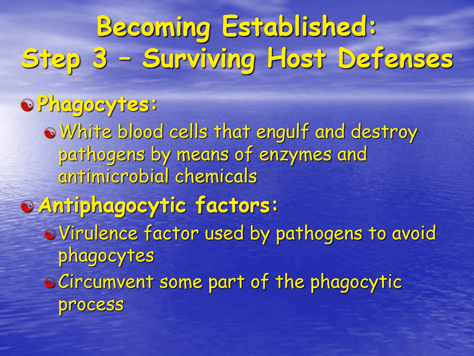So they circumvent some part of the phagocytic process. Either they're not phagocytized at all, such as those encapsulated microorganisms. The phagocyte cannot recognize the organism because it's surrounded by the capsule, or they figure out some way not to be destroyed once they are phagocytized within the phagocytic cell itself.